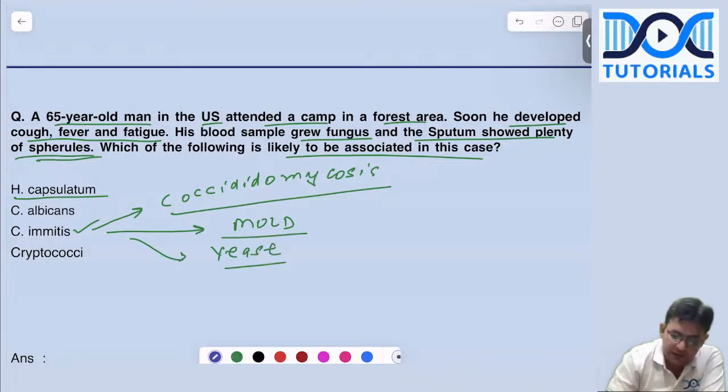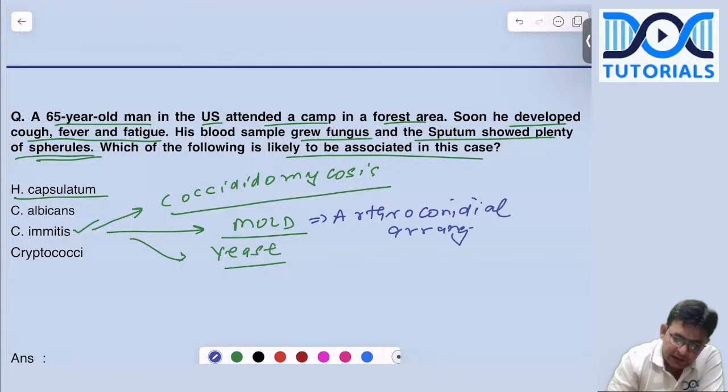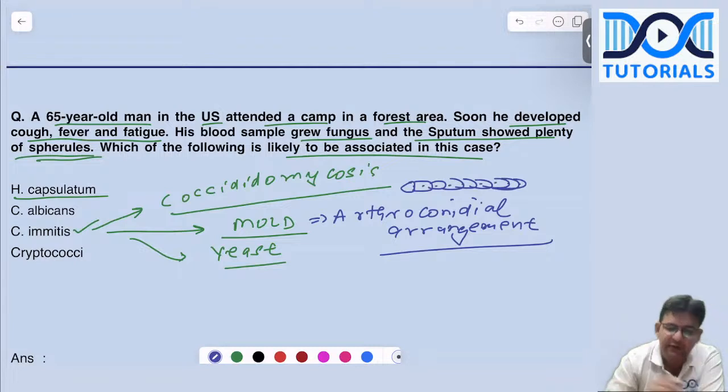The mold form is what? Arthroconidal arrangement. And what is the arthroconidal arrangement? It is like this. This is termed arthroconidal arrangement.